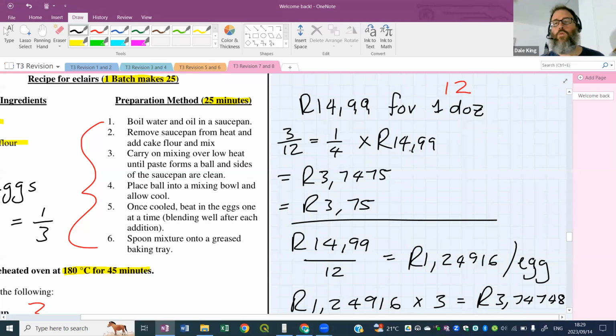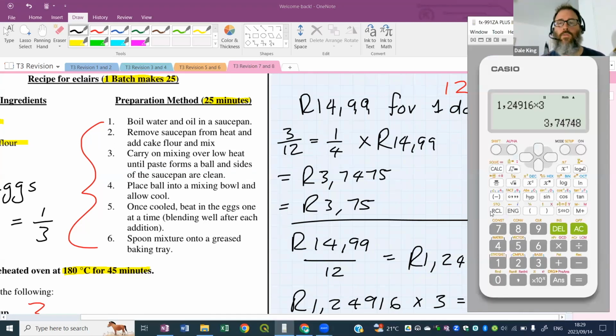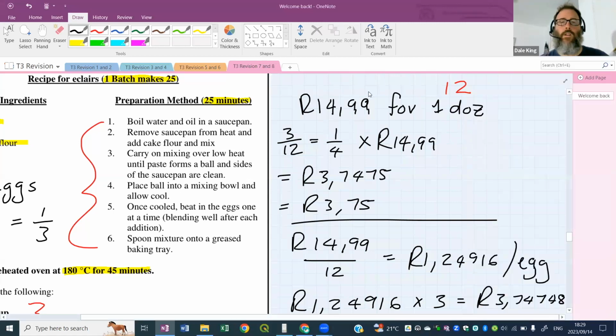So we can say 1/4 of $14.99. If I said 1/4 of $14.99, I'll show you quickly, it gives me 3.75.